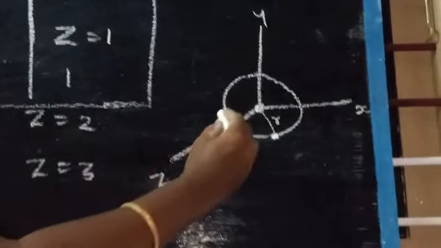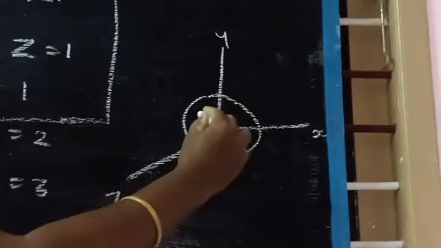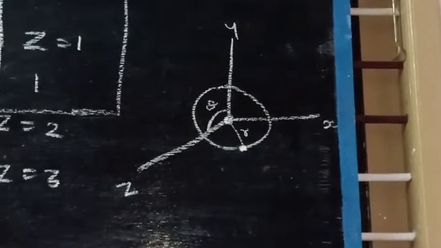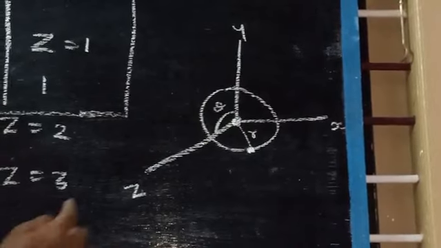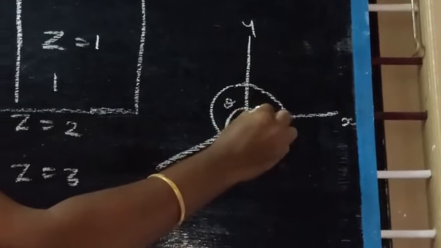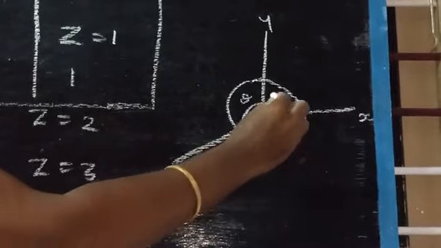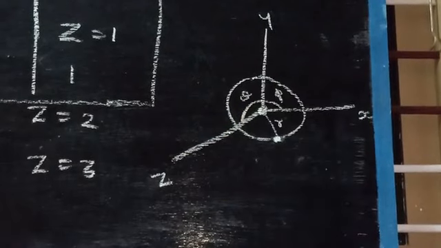Now to measure the angle, that is theta. The second angle is denoted as phi.